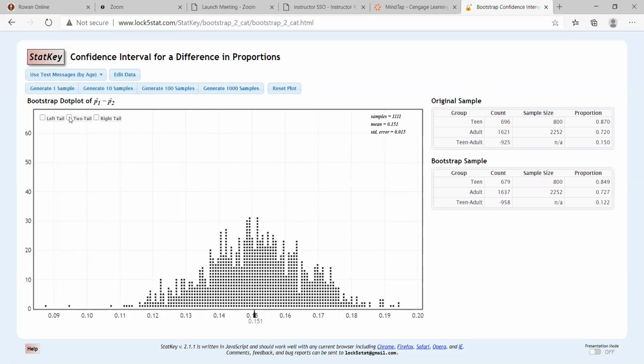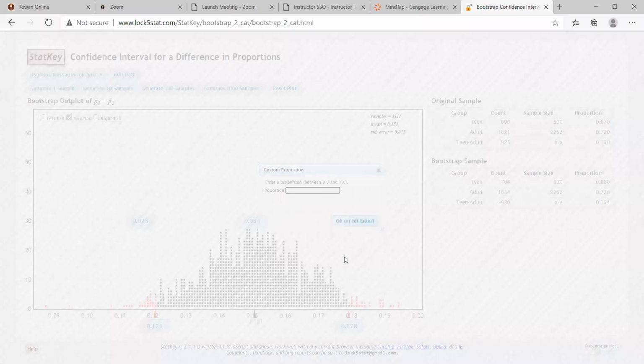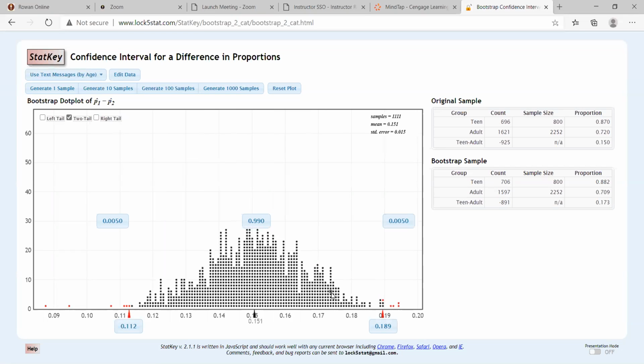And then we can create a confidence interval around that. Let's create a 99% confidence interval. Remember, you have to put in a dot there for decimal. All right. And so 99% of the dots, that's 0.99 times 1,111, tells you the number of black dots inside the interval. And 1% of 1,111 is the number of red dots outside the interval.